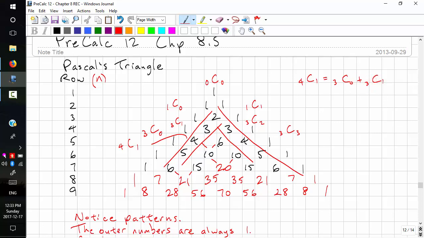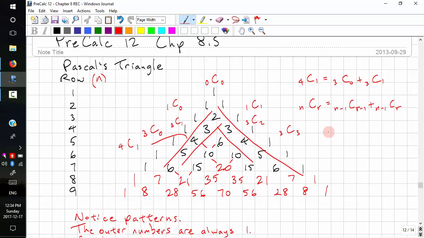Now, if we want to use this in variables, we can say n choose r equals n minus 1 choose r minus 1, because this is 1 smaller than this. And then we have, again, n minus 1 choose r. So this is 1 smaller, but this is the same.